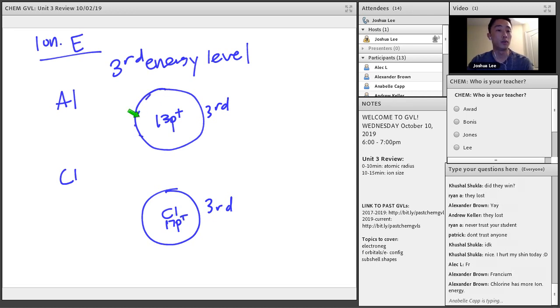So for aluminum, there are some electrons on the outside. These 13 protons are trying to attract those electrons in, versus now these 17 protons trying to attract these electrons in. Which one has a stronger pull on those electrons?